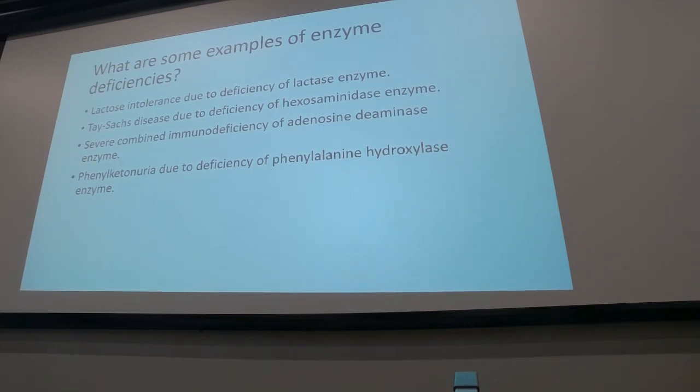Now in our body we have many enzymes. Some of them are critical for life, others not so critical but they are important, including lactase enzyme. Lactase is an enzyme that helps to break down the molecules that are found in milk, like glucose and galactose.